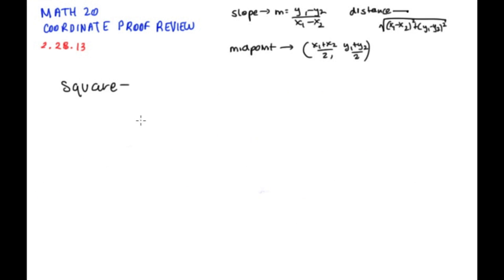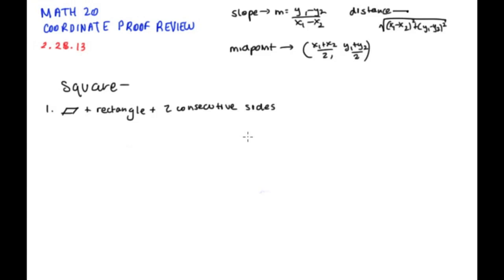Square is kind of complicated because you have to go through the entire hierarchy bureaucracy of quadrilaterals to even get to a square. So the first way, you have to prove it's a parallelogram plus a rectangle plus two consecutive sides, which is kind of a pain to get through the whole thing.